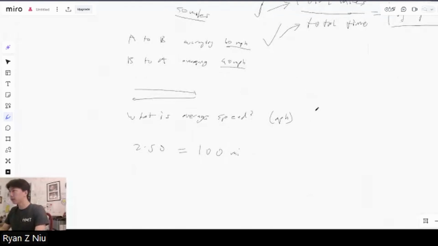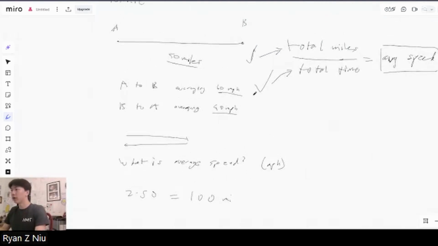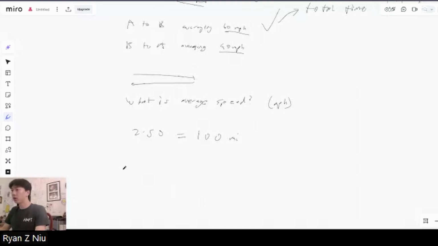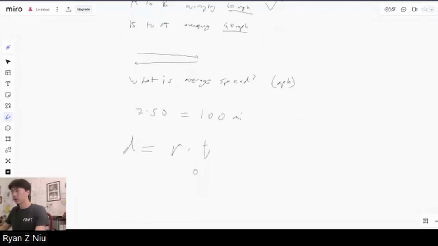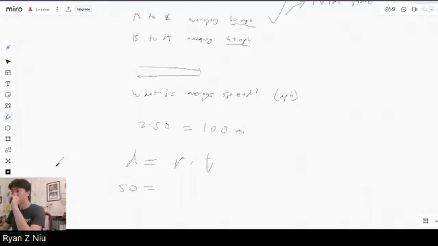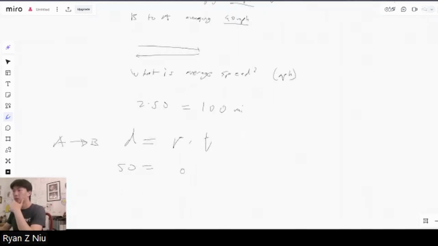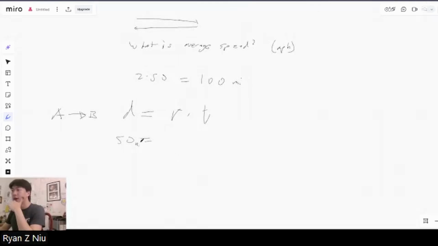And so from there, how we want to find time, well, distance is equal to rate times time, right? So our distance traveled is going to be 50 miles, let's say this is from A to B. I want to make that clear.